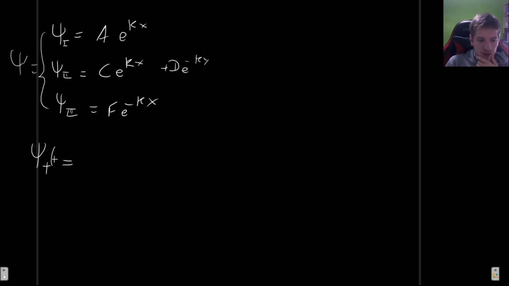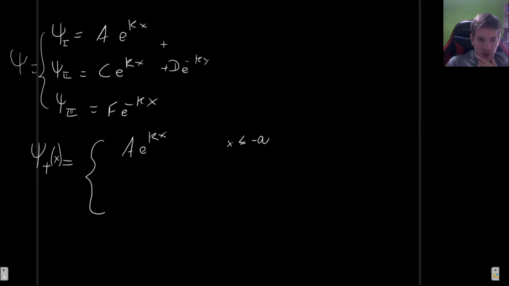So we have to find some function of x that when we evaluate it at minus x, we get the same thing. This does take a little bit of knowing how it works, but you will get used to it if you do it a few times. The first region is a e to the kx, and that is whenever x is less than or equal to minus a.